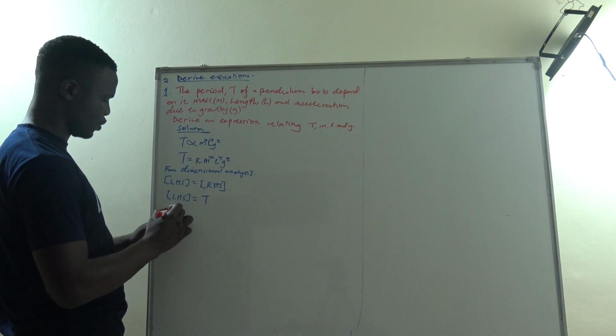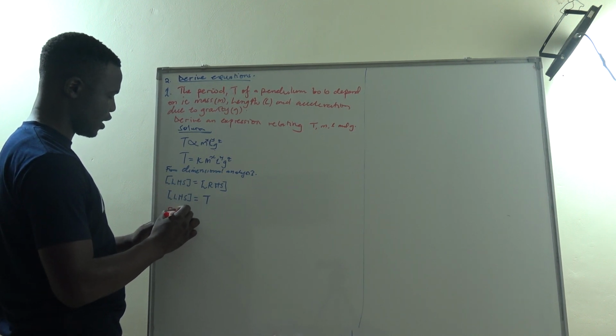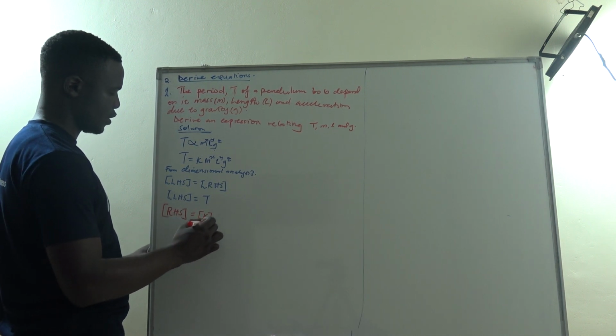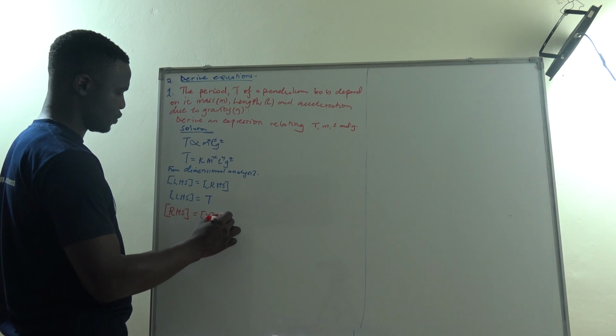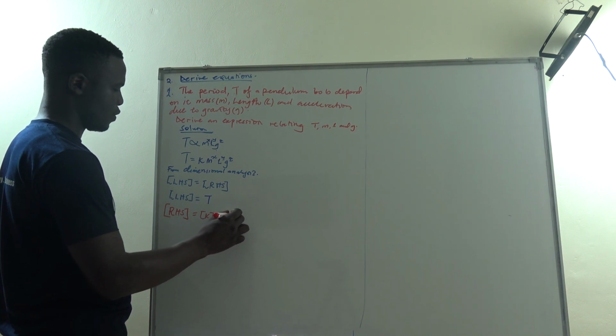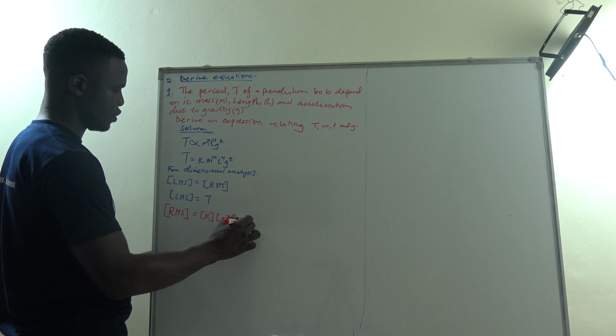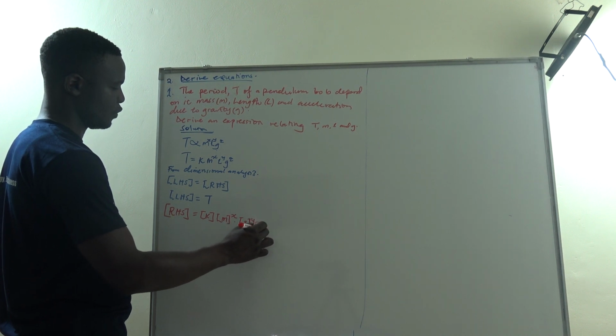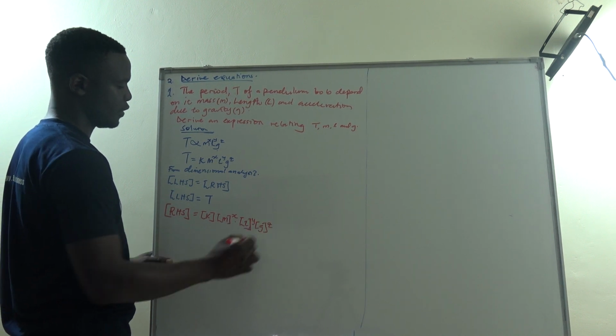Here we have the dimensions of k times the dimensions of m power x, times the dimensions of l power y, then the dimensions of g power z.